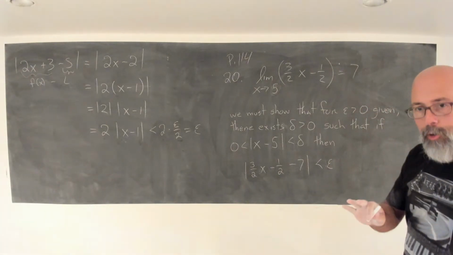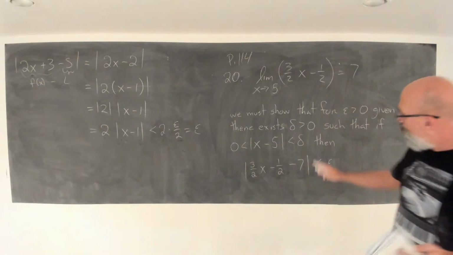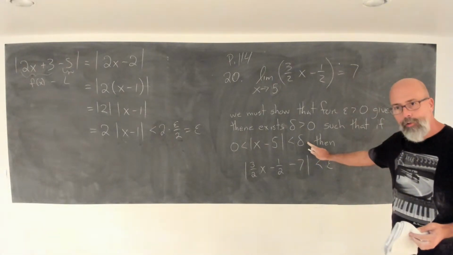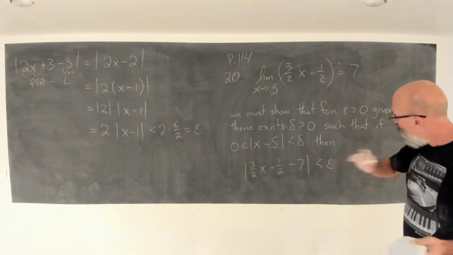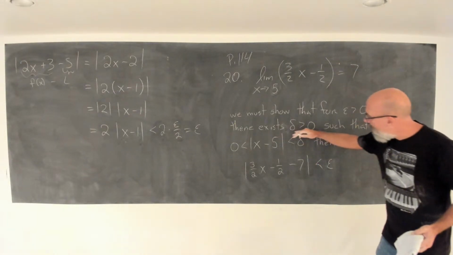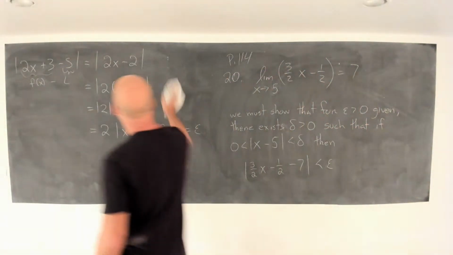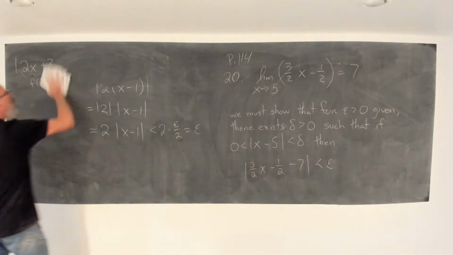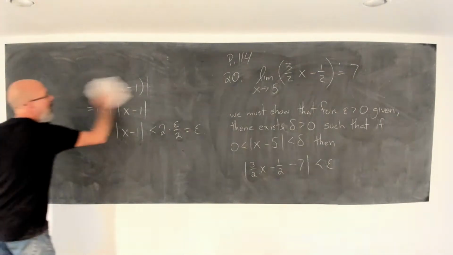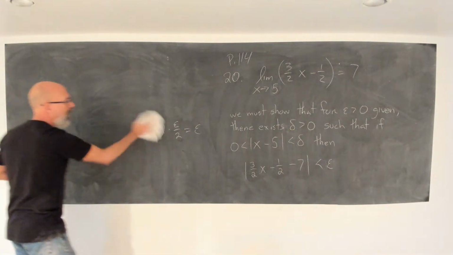Again, you have no control over epsilon, but you do have total control over delta. All you have to do is show there exists some value of delta which makes everything work. Try it. See if you can get that value of delta.